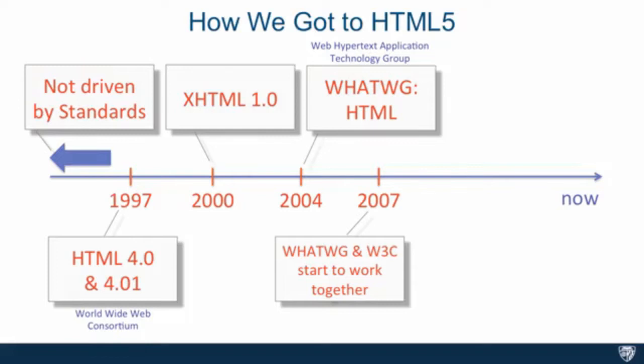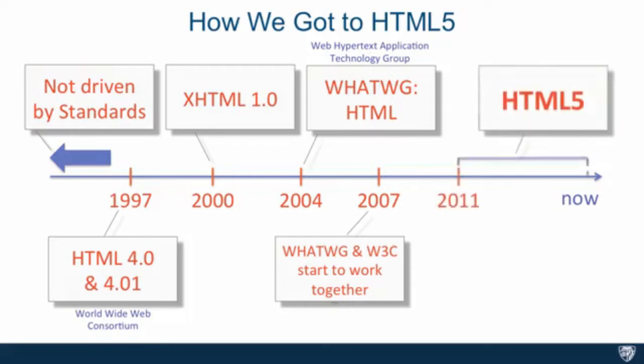So maybe it's a good idea to make peace and try to see if we can work together somehow. And this is what happened around the 2007, 2009 timeframe. So WHATWG and W3C started working together. And what they produced in the end is what we have now, HTML5.